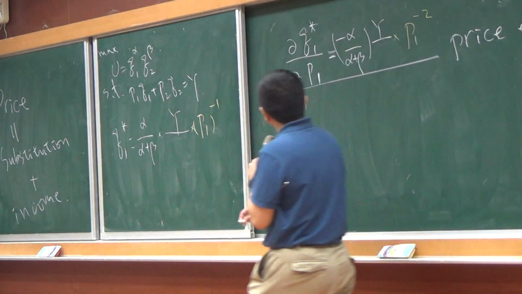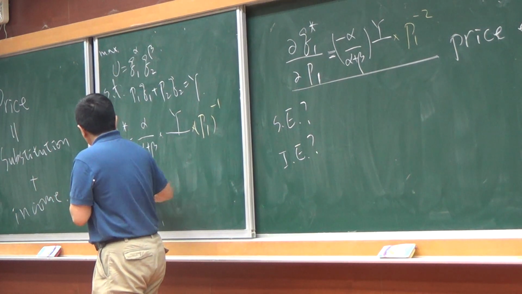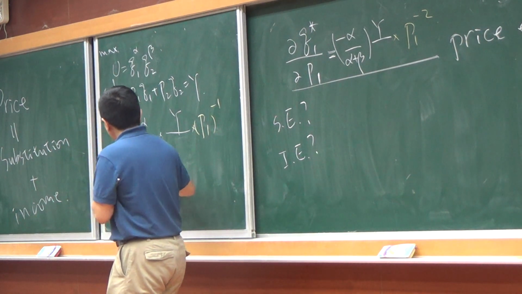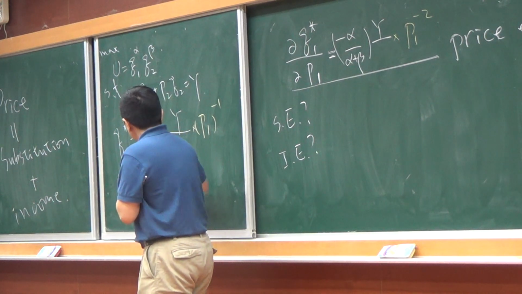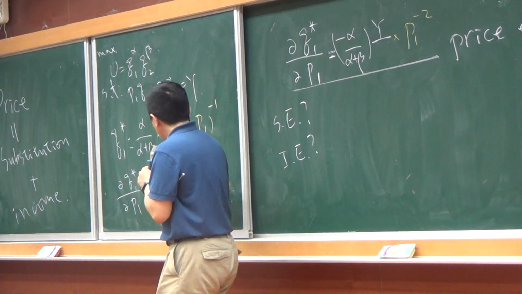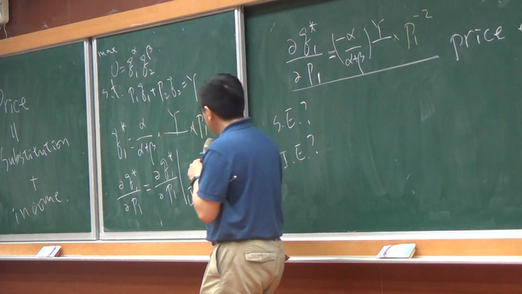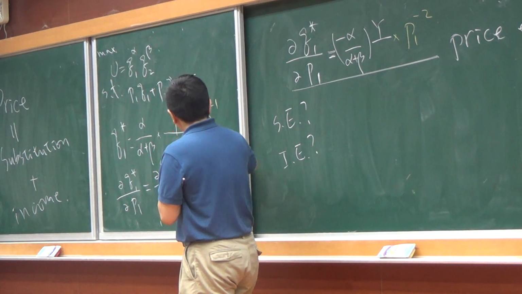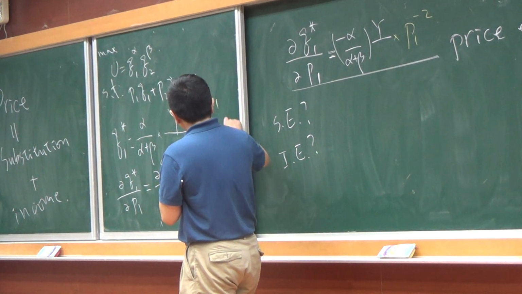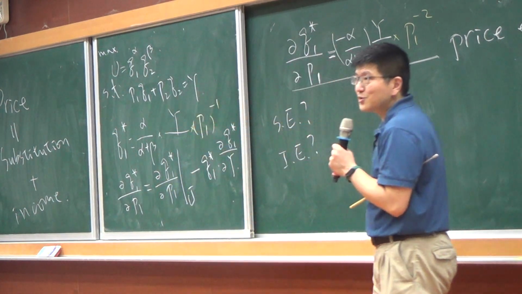The price effect is the partial Q1 star over partial P1, equal to the substitution effect, Q1 star P1 conditional on the same utility level, minus Q1 star partial Q1 star partial Y. Do you remember this?